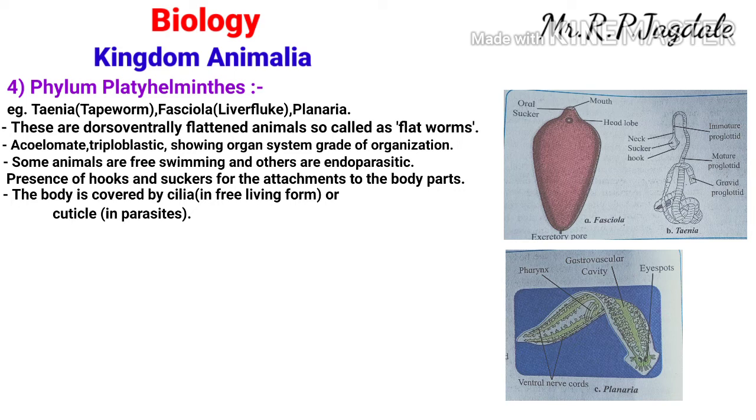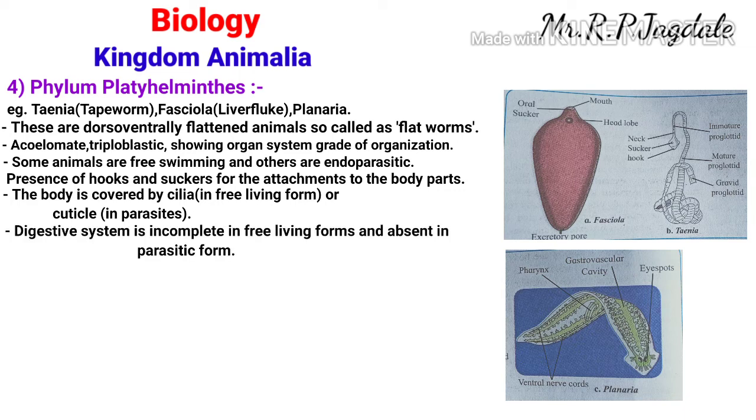The digestive system is generally incomplete in free living forms, and in the parasitic condition, since it totally depends on the host, there is an absence of a digestive system. Remember that the two forms are different: free living forms have an incomplete digestive system, and parasitic forms have no digestive system.